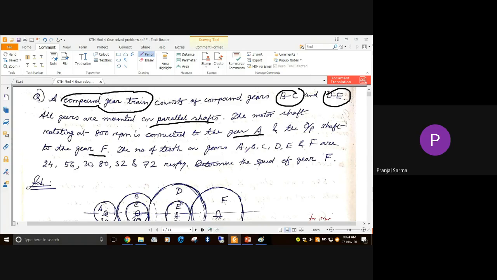With this data, if the diagram is not given, it will be useful to draw a simple diagram showing the compound gear train arrangement, then it will become easy. As we know, in a compound gear train, on a single shaft we can have more than one gear. Here, the compound gears are BC and DE. That means on a single shaft B and C are mounted, and on another single shaft D and E are mounted.